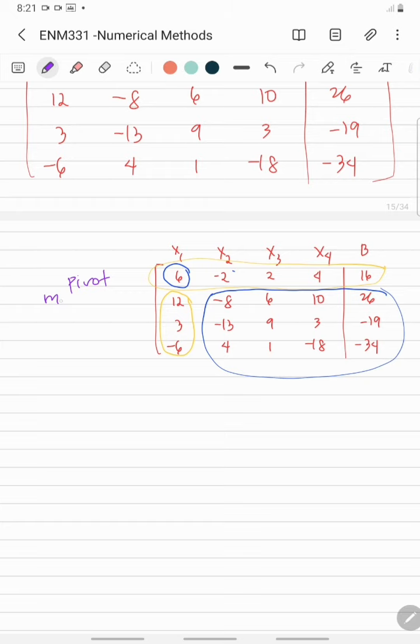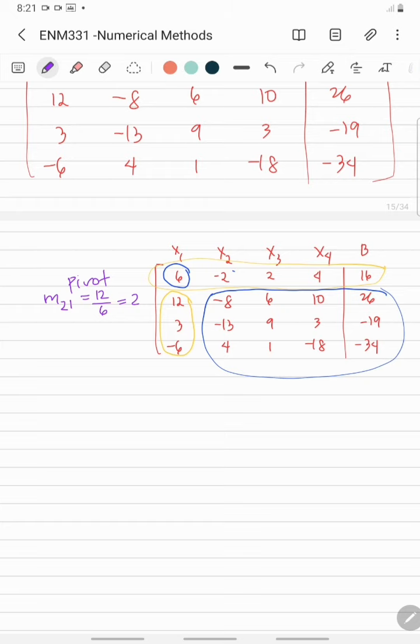So when I have here m21, that is equal to 12 divided by 6. So 12 divided by 6 is equal to 2.